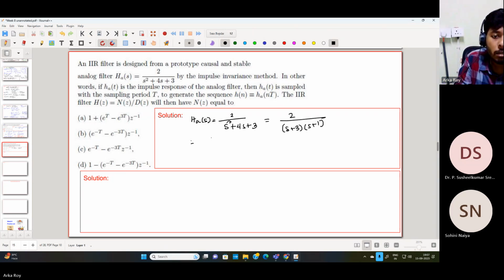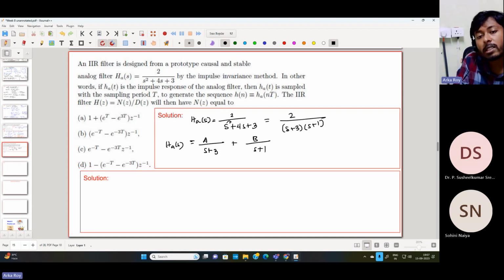So I can rationalize it as a divided by s plus 3 plus b divided by s plus 1. So this is H of s over here. I need to find the value of a and the value of b.